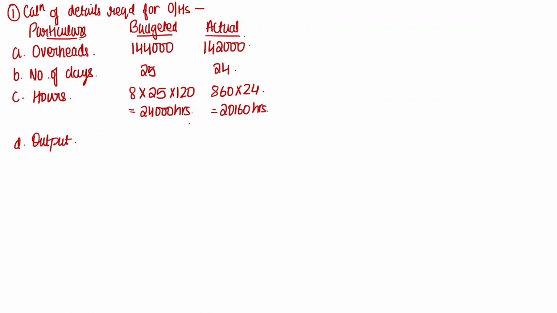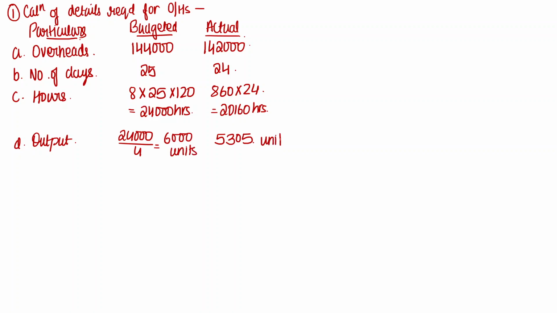Anything actual, budgeted? Okay. Standard is not, budgeted is not given. But budgeted, have they given you the budgeted time per unit? So in 24,000 hours, how many units were they planning to make? 6,000 units.